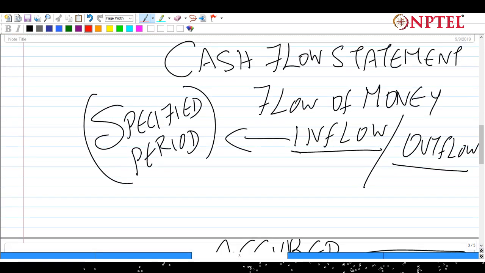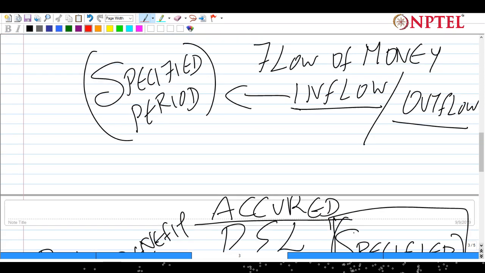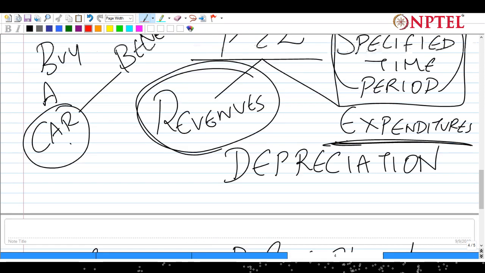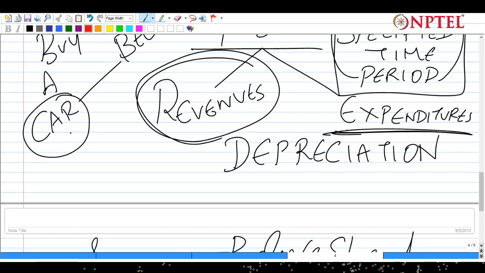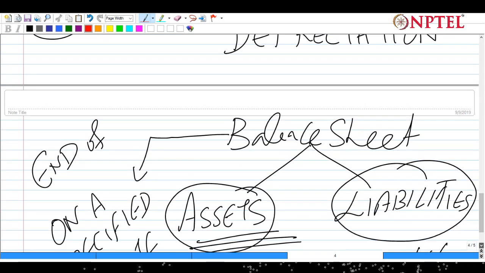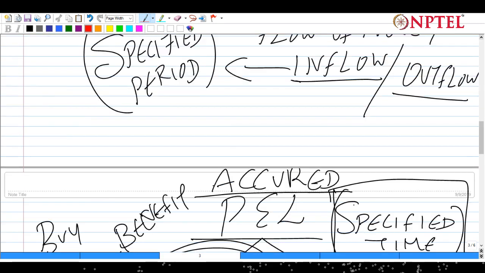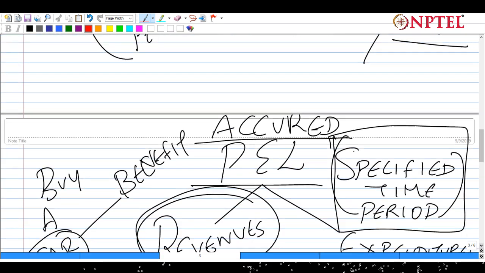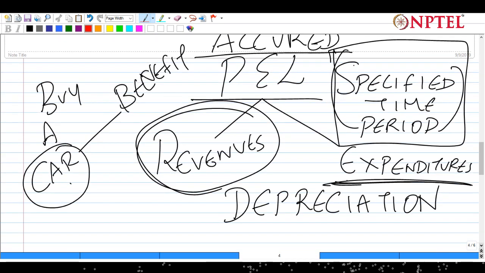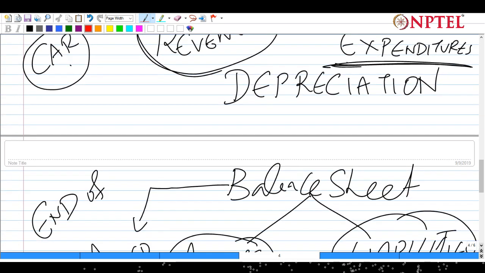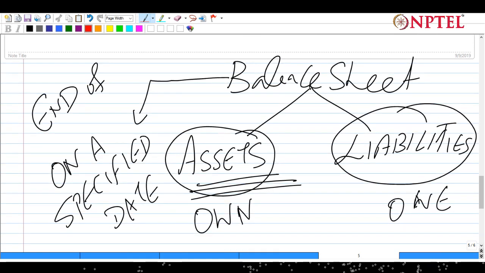When we talk about the balance sheet, we normally say liabilities plus capital.